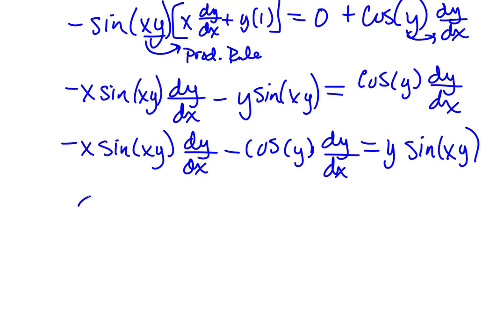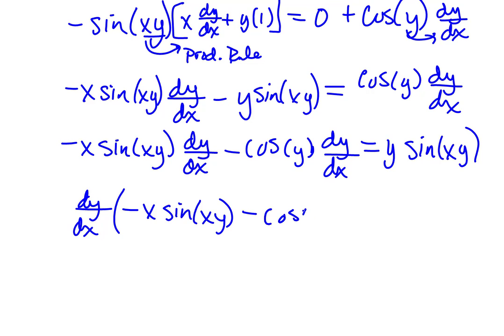At this point I can factor out the dy dx, which would leave me on the left side with this negative x sine of xy minus cosine of y. And on the right side I just have this y sine of xy.